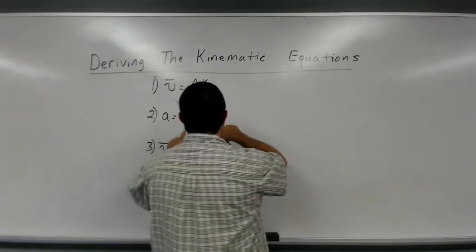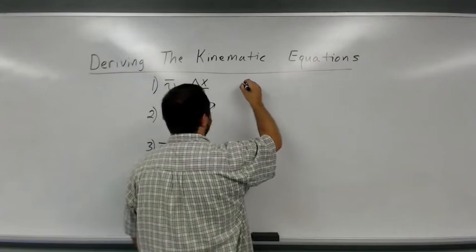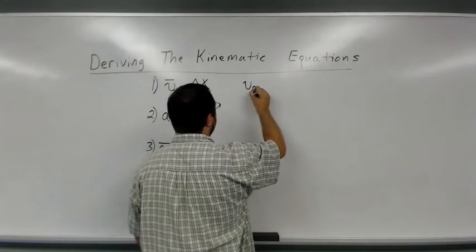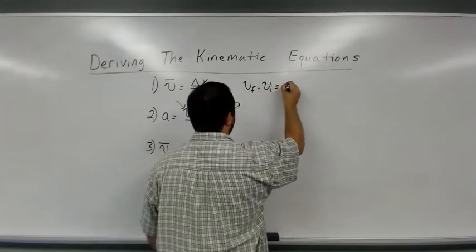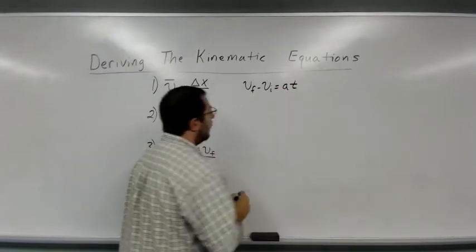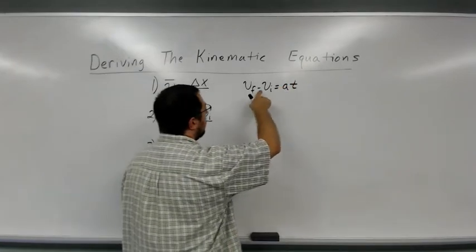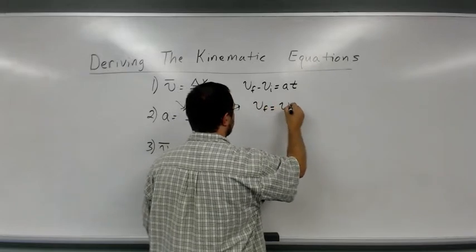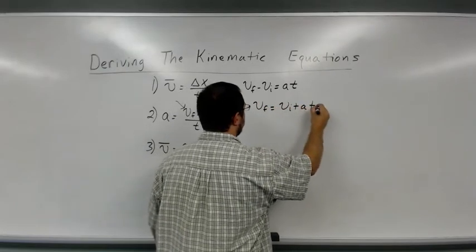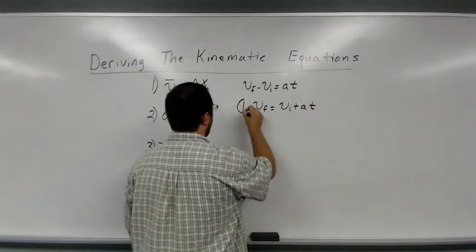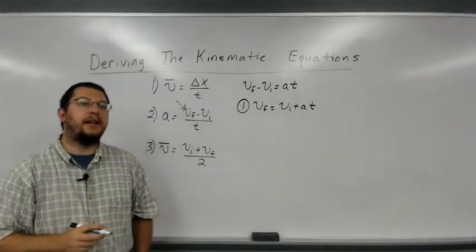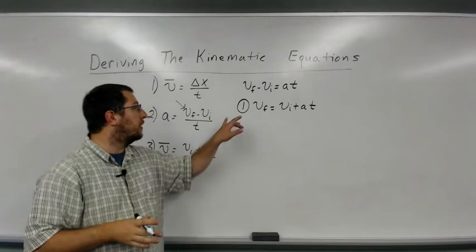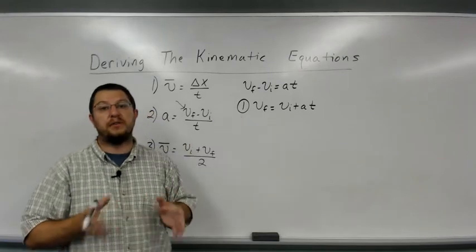If I multiply both sides by t, then I get this, and then if I add VI, I arrive at the first kinematic equation, and I'm going to put my kinematic equations in circled numbers.